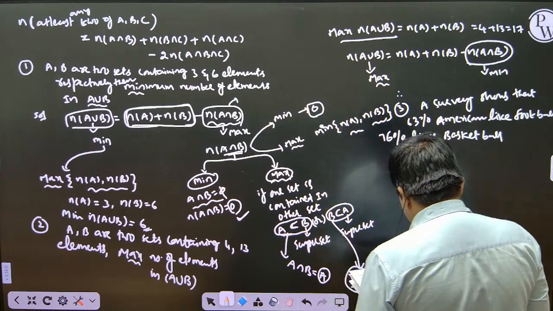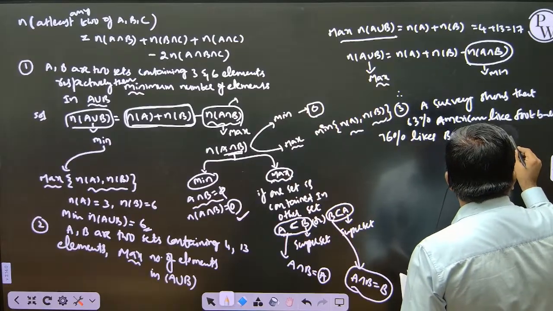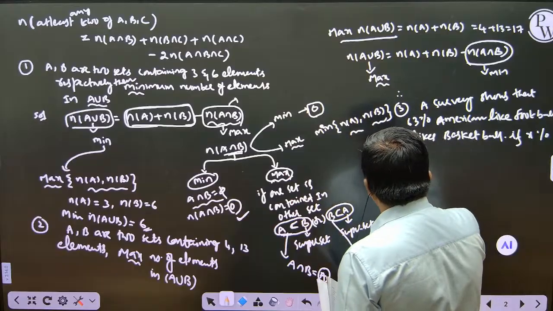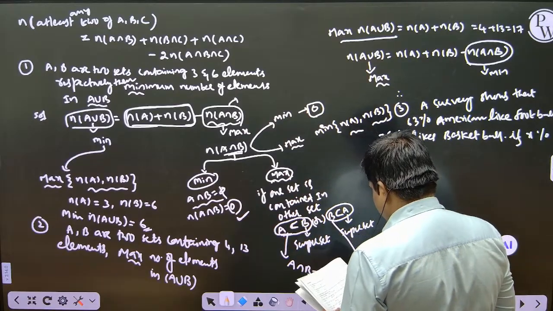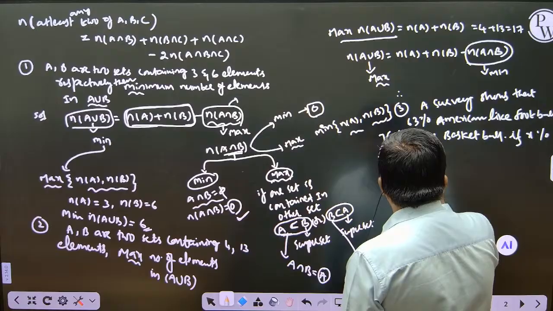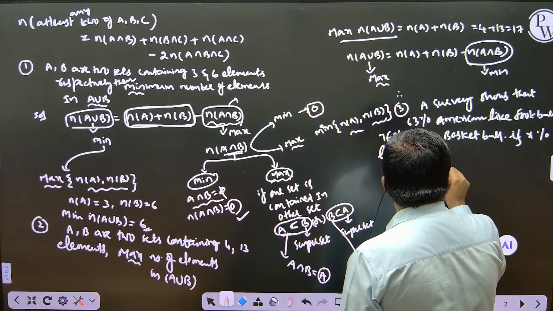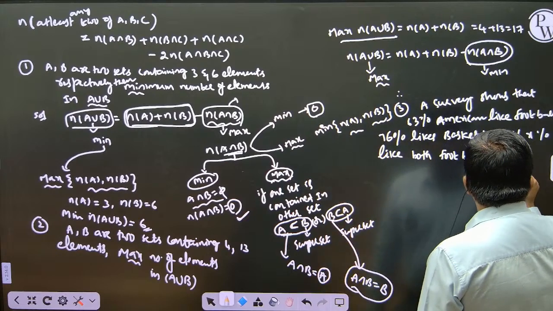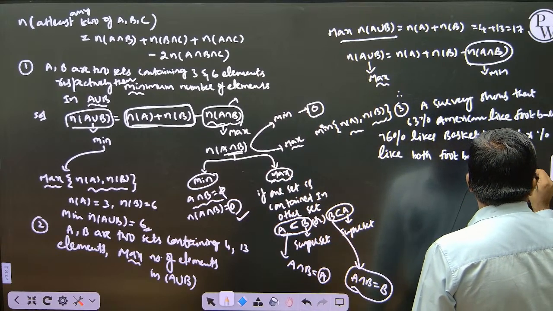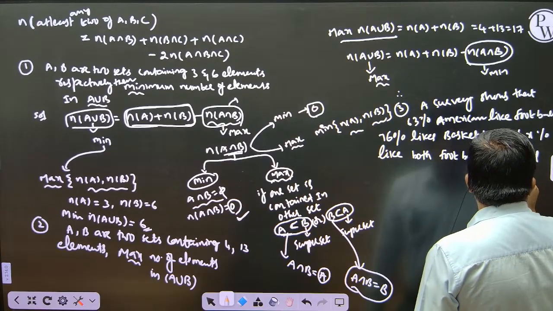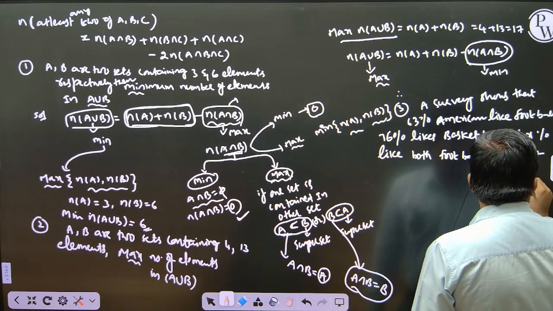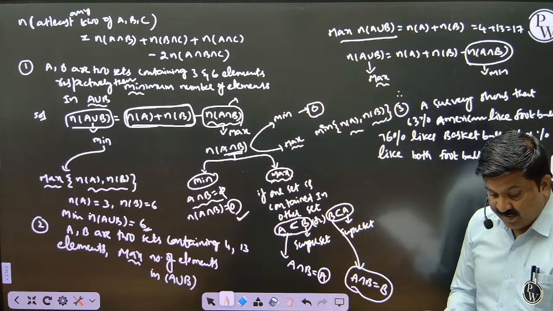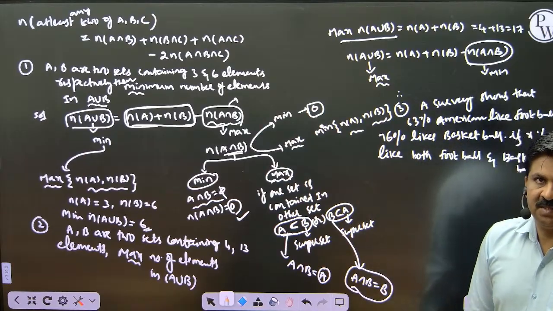So if X% like both football and basketball, he asked what the X value is.